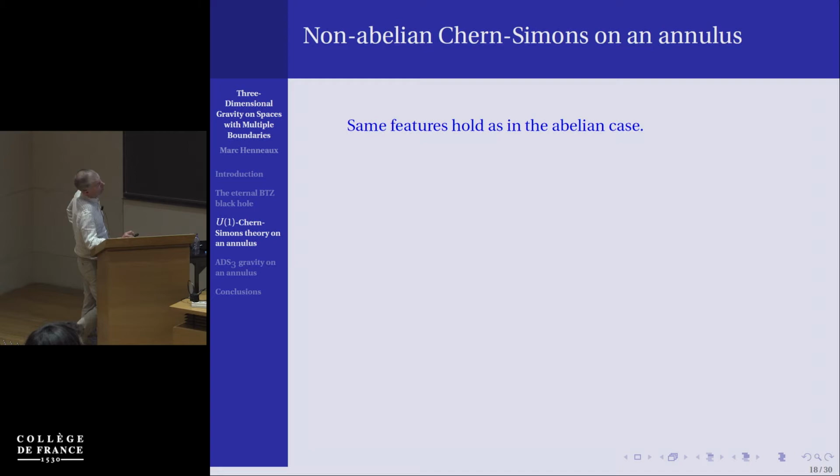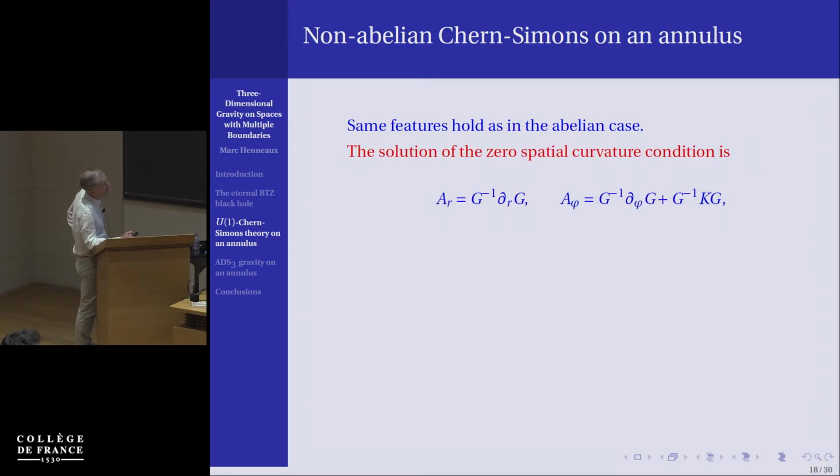So we will find qualitatively the same features, but the algebra is more intricate. But the important thing is that we get conceptually the same features. So again, you can solve the zero spatial curvature condition. Now in that case, it's non-abelian, so the G would be a group element.